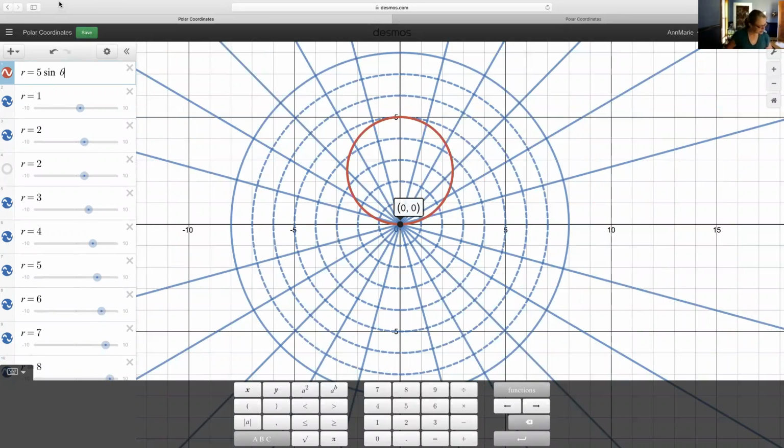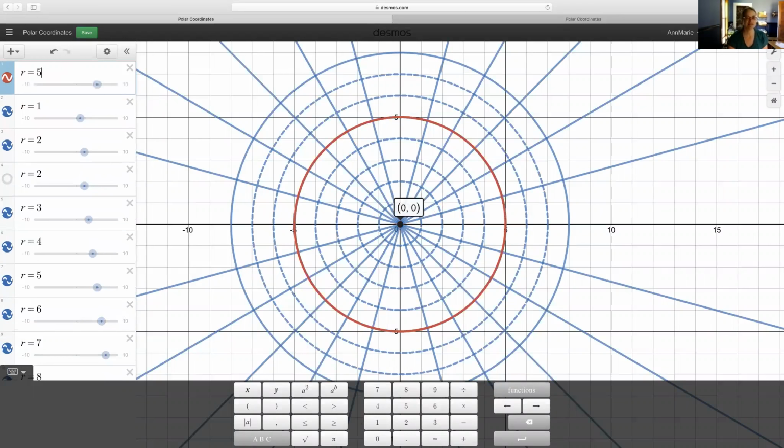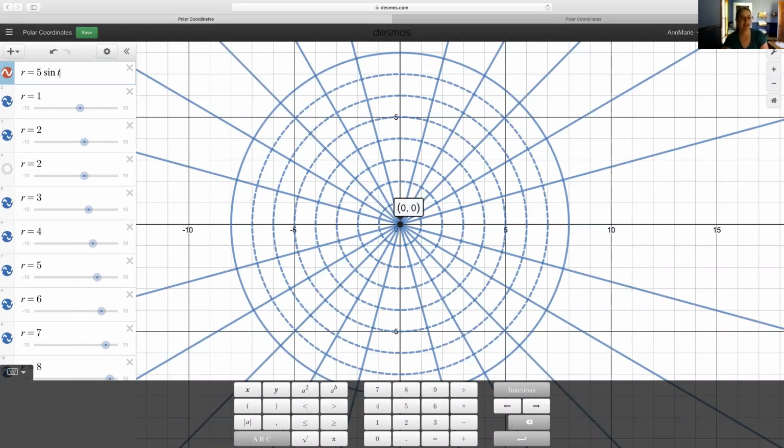Play with this a little bit and understand how things get shifted, because it's a little bit different. So if I just type in radius equals 5, I get a circle centered around the origin. But when I say radius equals 5 sine theta, I get a circle of radius 5, but it's no longer centered at the origin. It is shifted vertically.